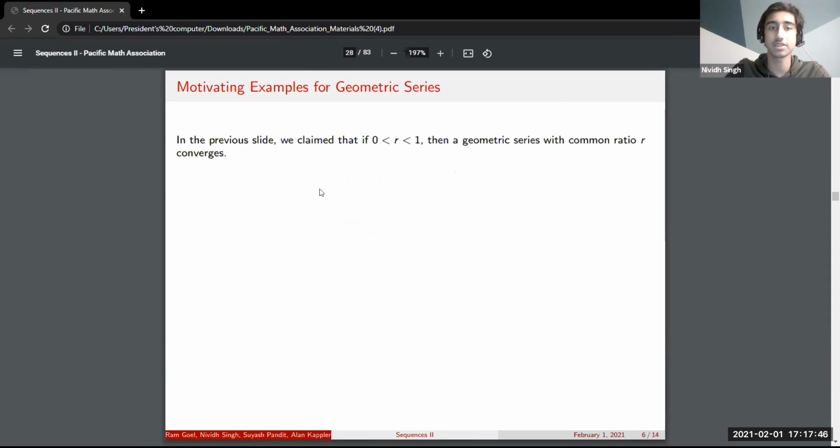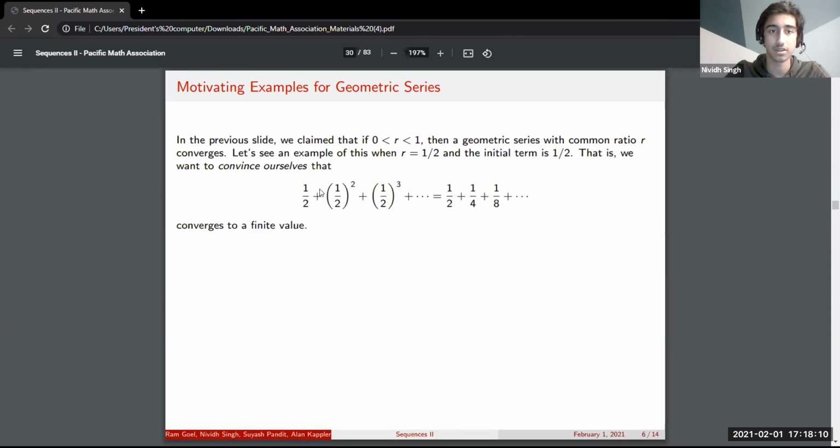All right, so in the previous slide, we claimed that if R is between 0 and 1, then a geometric sequence with common ratio R converges. This means that if the common ratio between terms is between 0 and 1, then we can find the total sum of the sequence. Let's see an example when R is equal to 1/2 and the initial term is 1/2.